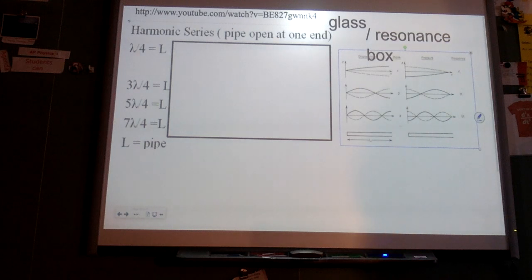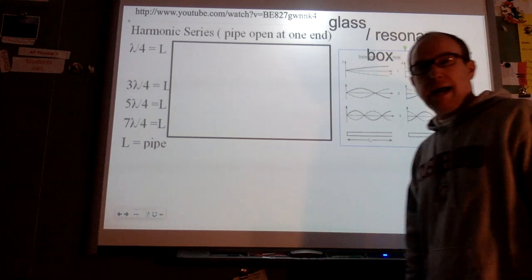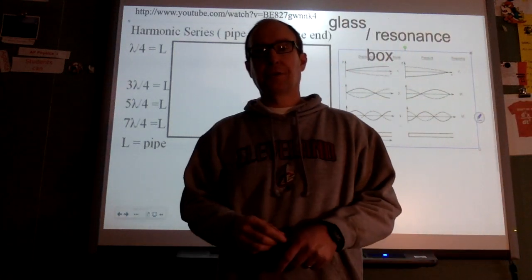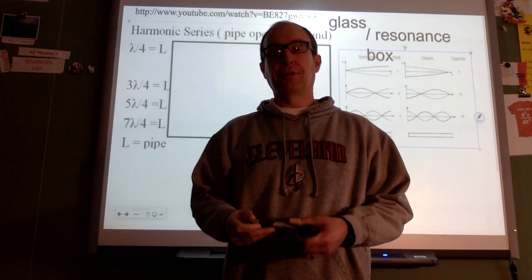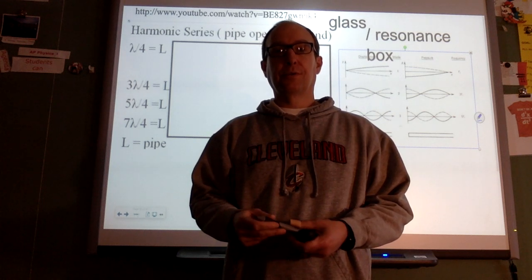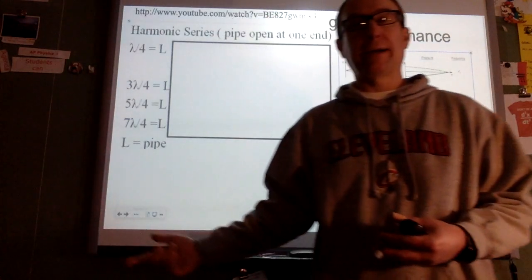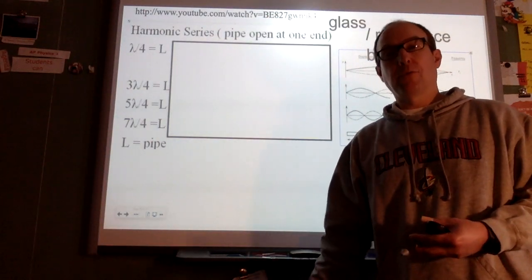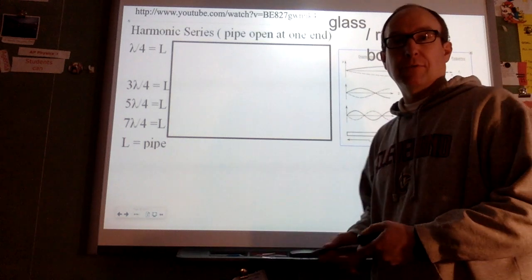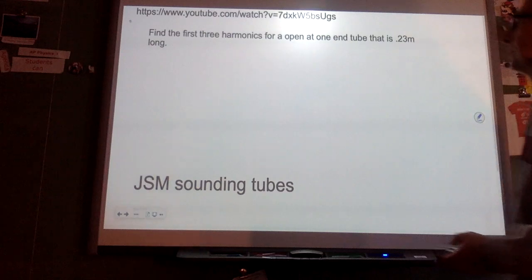And so again, I like to think of the picture and not so much the equation they put in your book or in the notes. I like to be able to visualize it, that it has to have a quarter of a wavelength, and then 3/4 of a wavelength, then 5/4 of a wavelength. And this is only going to be if it's open at one end.